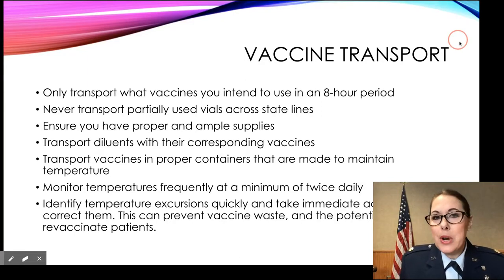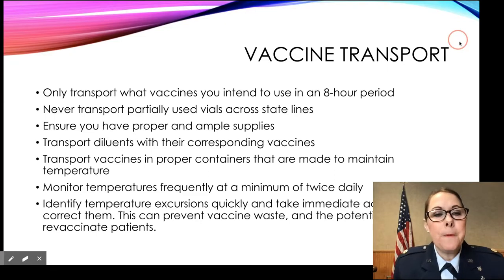Never transport any partially used vials. So like a multi-use vial like the anthrax, if it's already opened and there's only a couple of doses left in it, just leave it at home. Leave it back in the storage and take unopened bottles. Ensure that you have proper supplies with you.